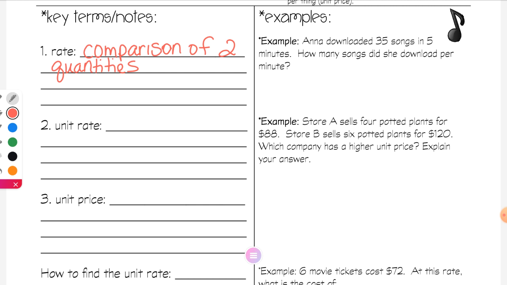A unit rate is a rate, or a comparison of two quantities, per 1, or with a denominator of 1.